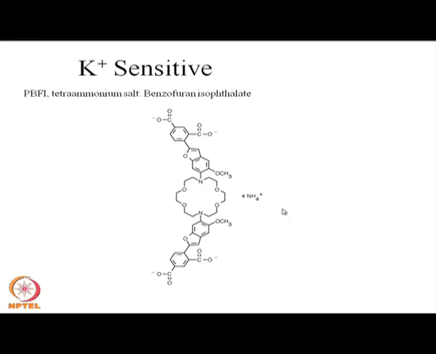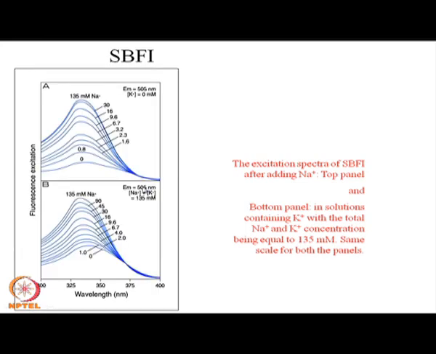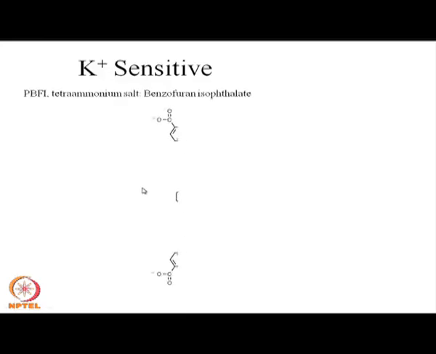This is 18 membered. What about the other one? Let us count: 1 2 3 4 5 6 7 8 9 10 11 12 13 14 15. It is 15 membered, and the other one is an 18 membered system.